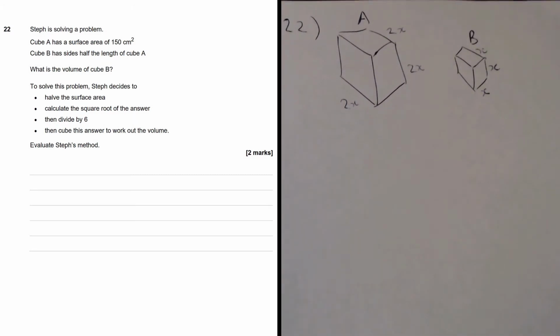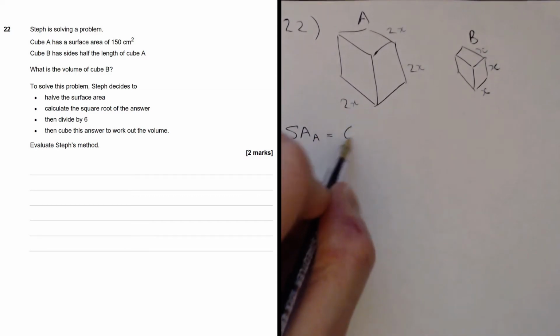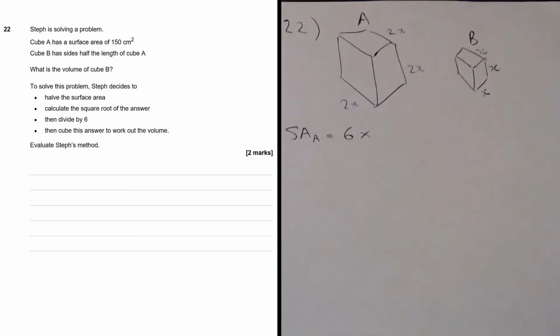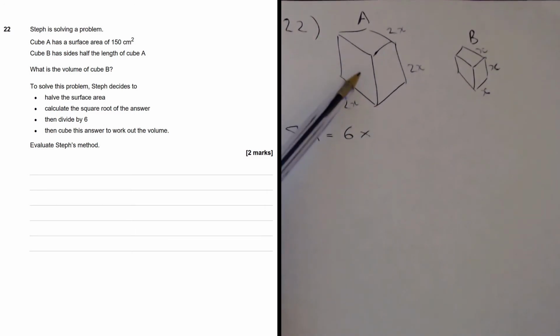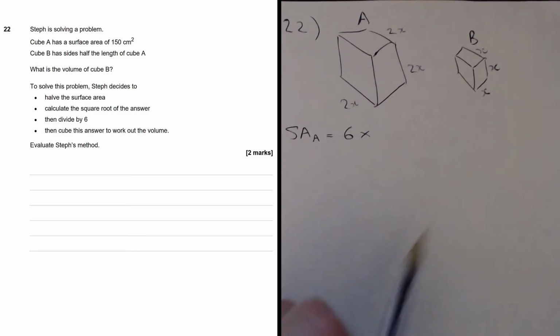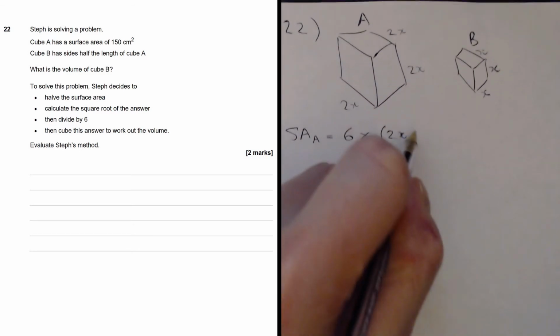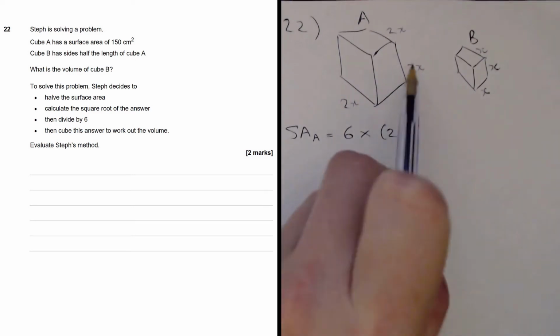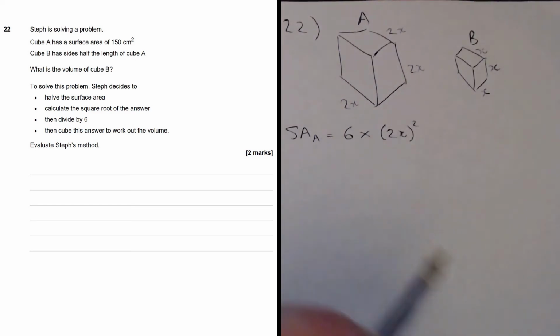So what's an expression for the surface area of A? Well, the surface area of A is going to be 6 times the area of the faces. Why? Well, it's a cube, so there are 6 faces, and they each have area 2x all squared, because the area of each face will be 2x times 2x.